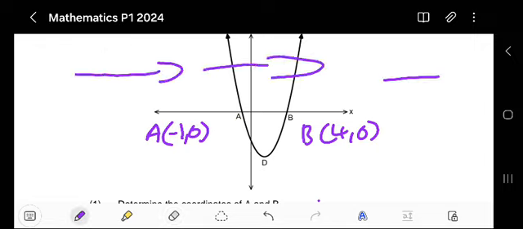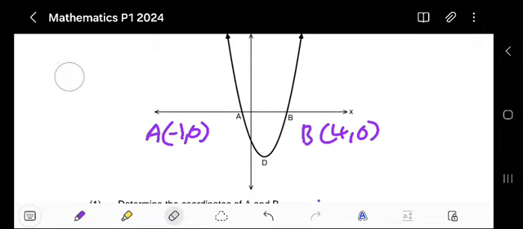We don't read from right to left. That is the rule that we apply in maths. So as you can see, this will decrease from here, where the value of x is 3 over 2, up to infinity.